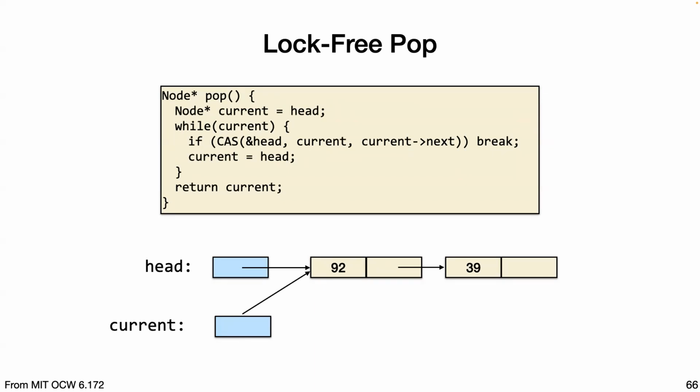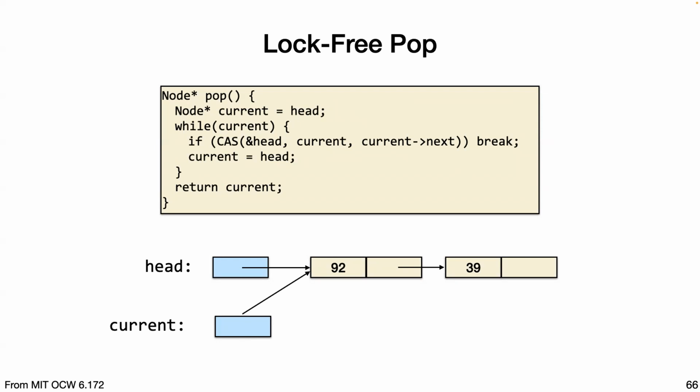You do a CAS on current and current next. While you still have elements, you check the head for equality with current, and if these are equal, then you set the head to head next.